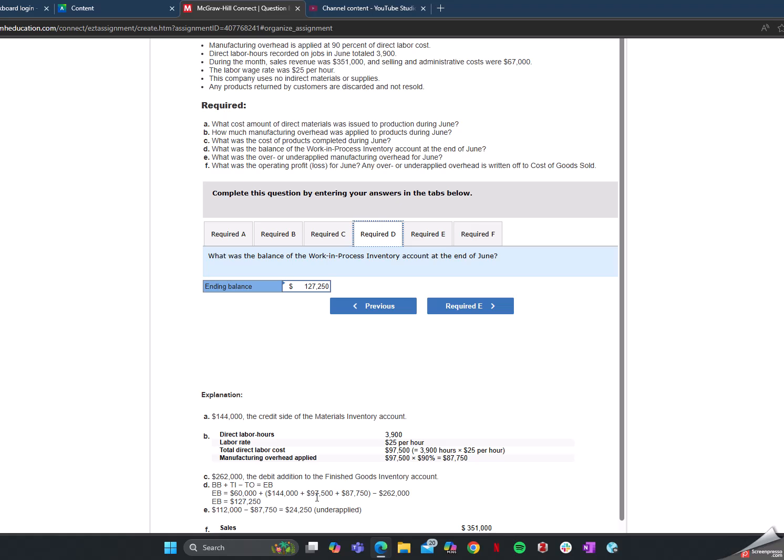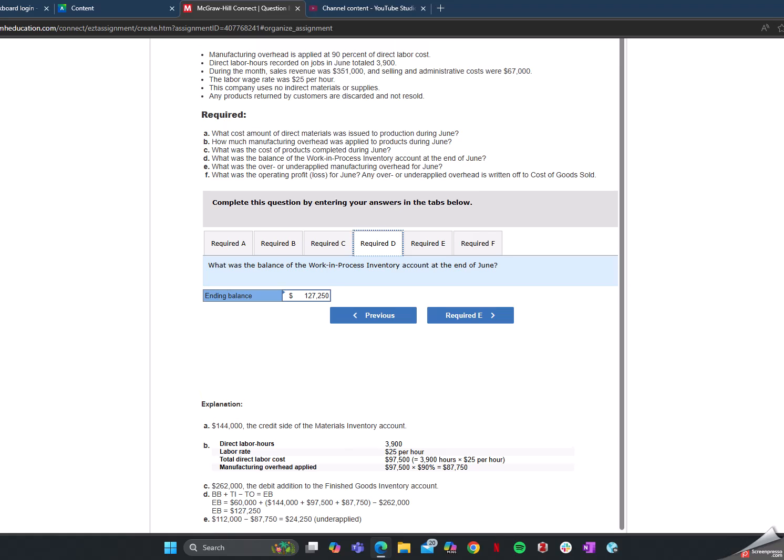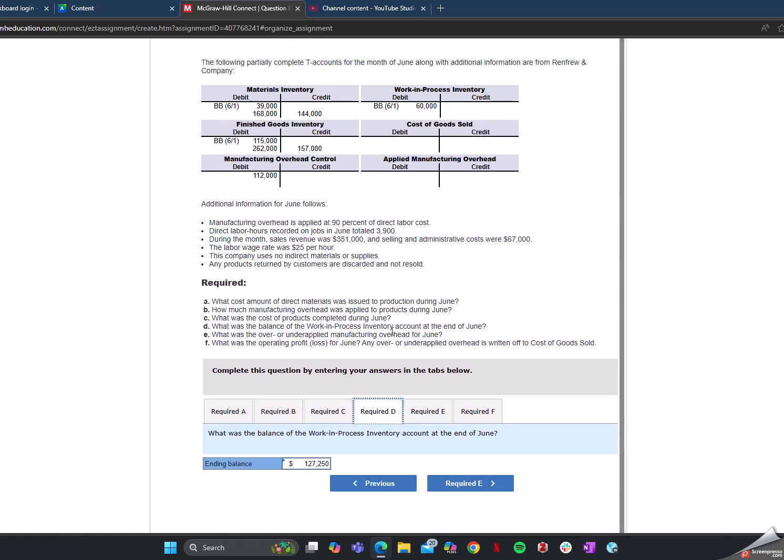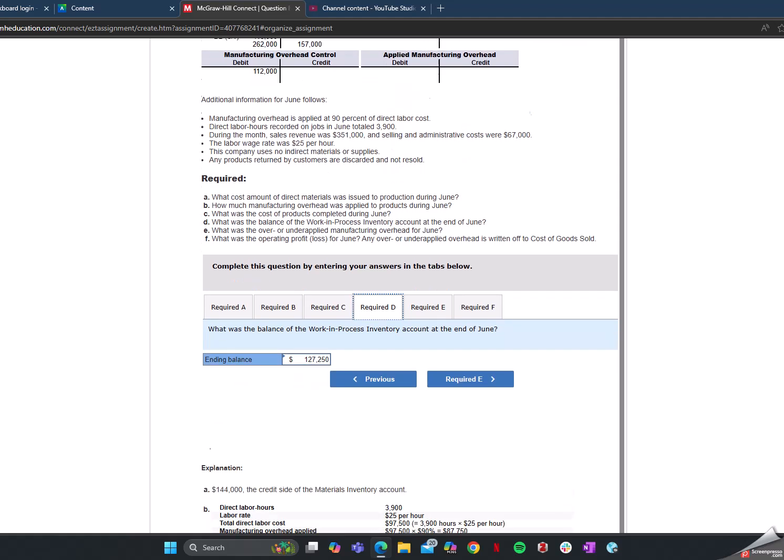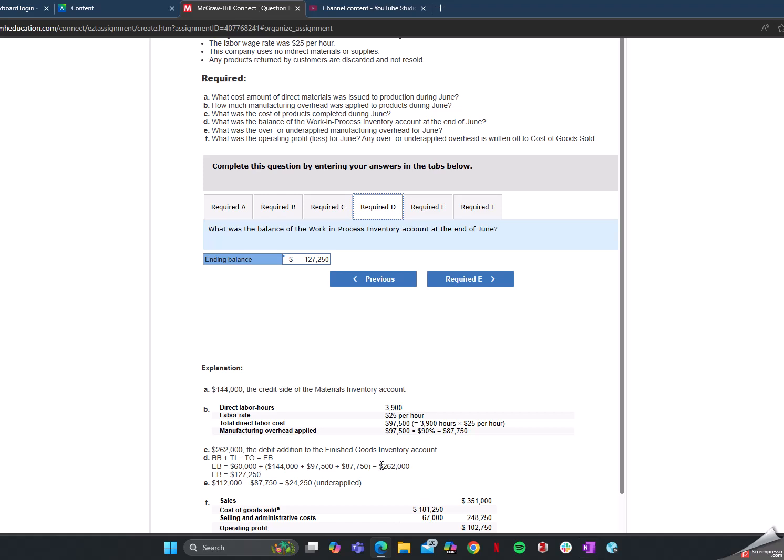And then our labor is what we just calculated in C, correct or no? No, I guess we did that as part of B as well, the $97,500. So our materials plus our labor plus our overhead plus our beginning balance gives us what would have been totally in our work in process for that period, or what was completely started. Then what did we transfer into finished goods? We transferred in $262,000. So that's what we subtract out to get to our ending balance.